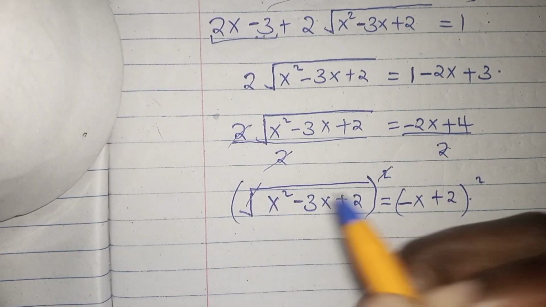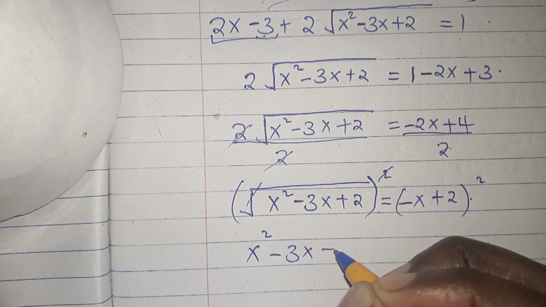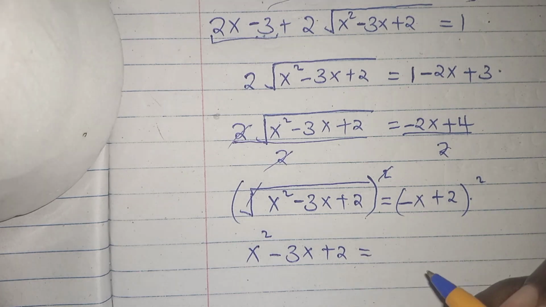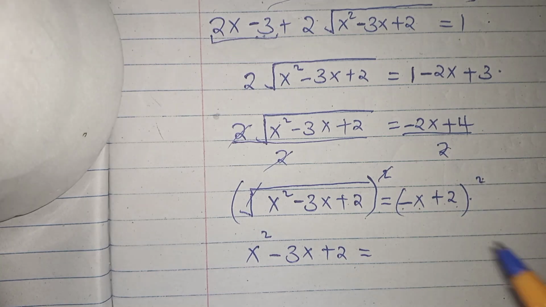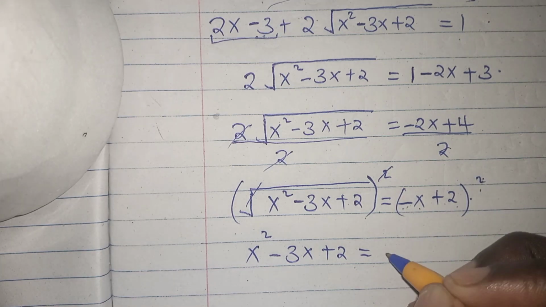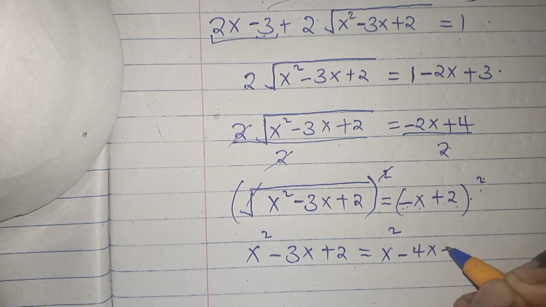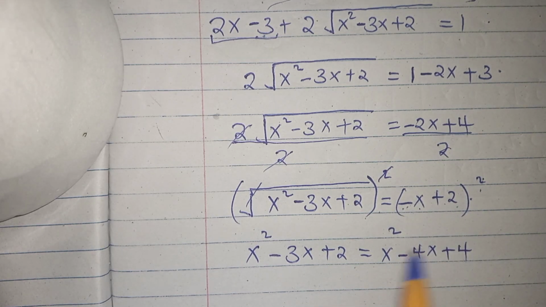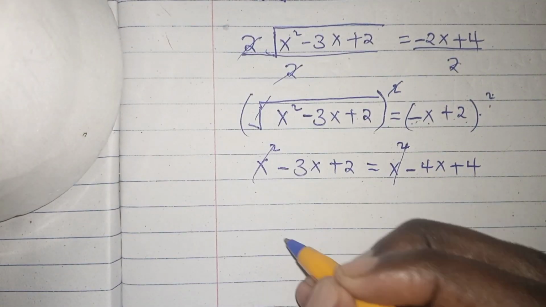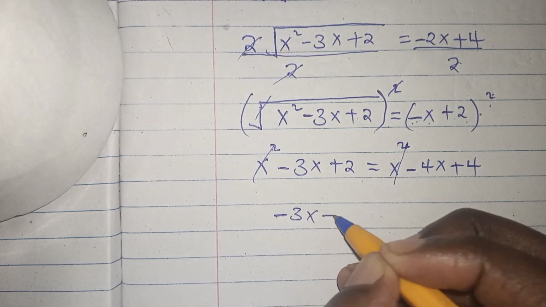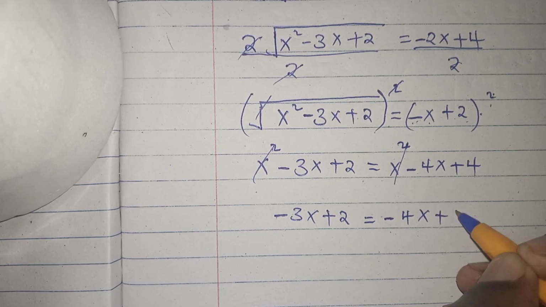So this square will cancel with the square root, and x squared minus 3x plus 2 is equal to (-x plus 2) squared. So if we expand this, this will give us x squared minus 4x plus 4. We can now get the value of x. So this will cancel with this, and -3x plus 2 is equal to -4x plus 4.